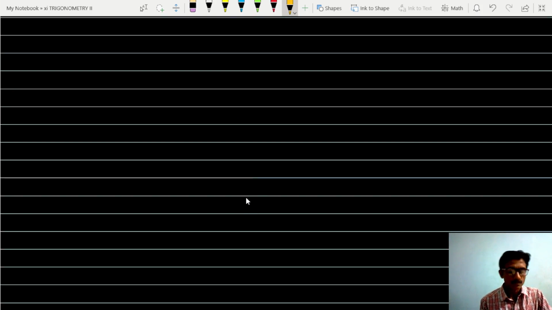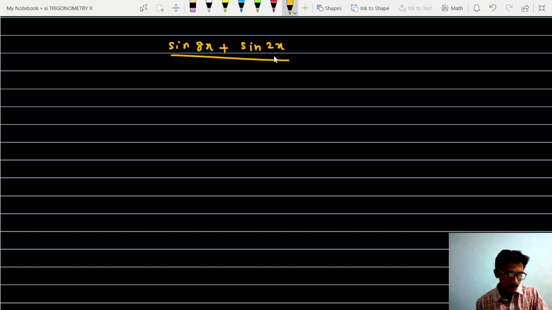Example 3 is sine 8x plus sine 2x upon cos 2x minus cos 8x. We want to prove this. In the right hand side cos 3x was written, but we will get here cot 3x.